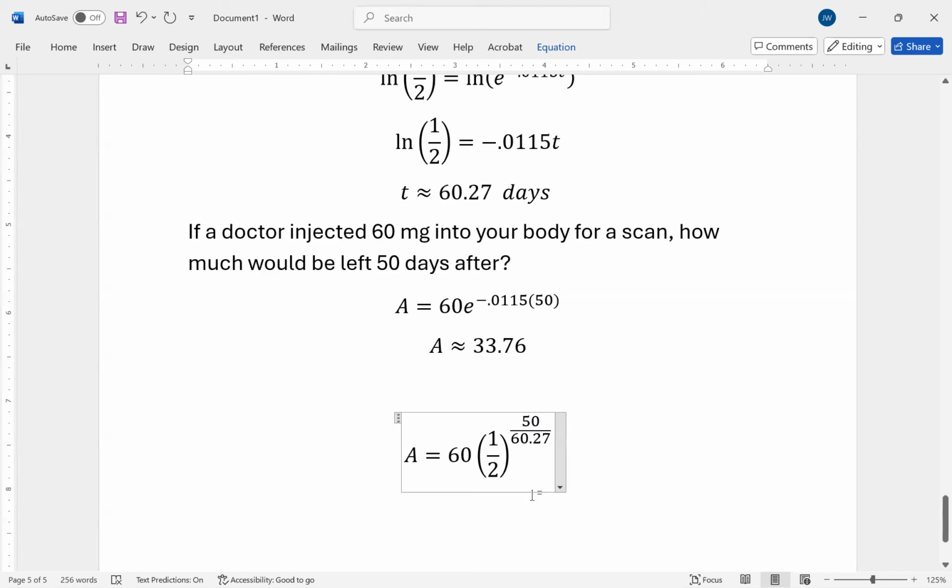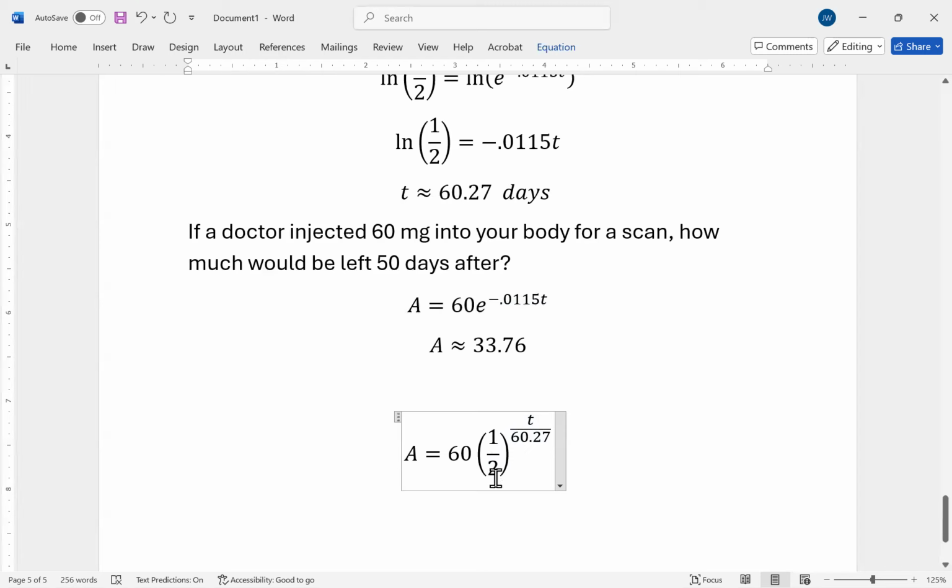But you could have done it this way as well. Again, I don't recommend this way now that you know the half-life because this 60.27 is a rounded number. But you could do it either way, especially if you get the exact value. Notice that this means this equation, if I just replace the 50 with a t, and this equation, replacing the 50 with a t, are actually the same equations, just written differently.